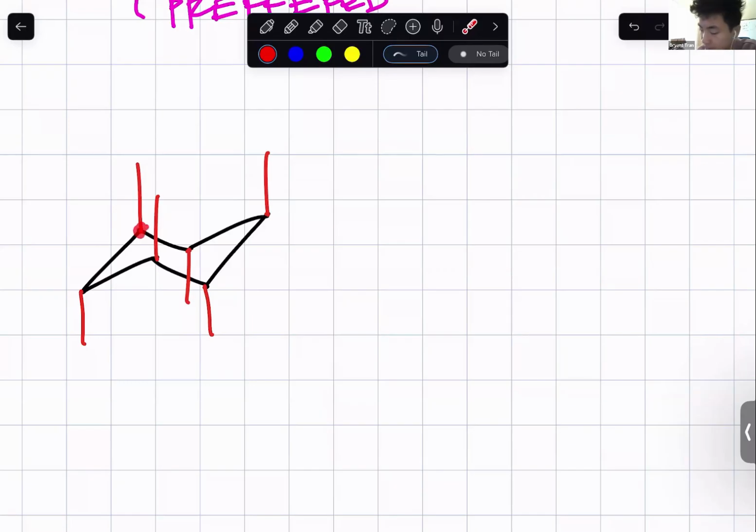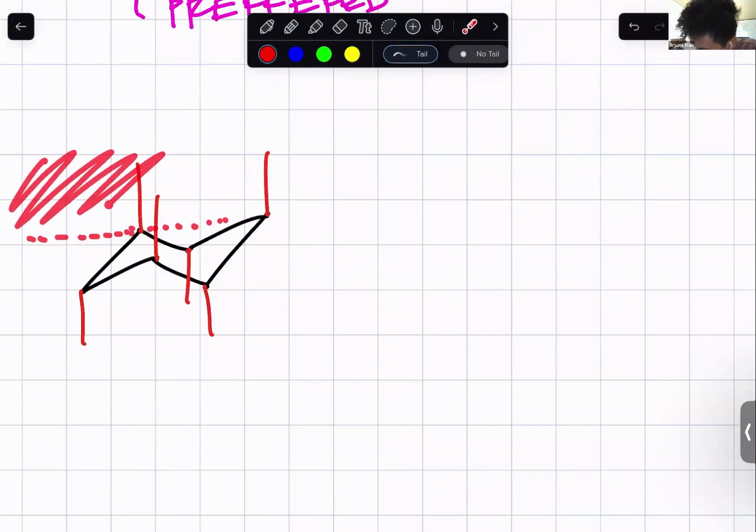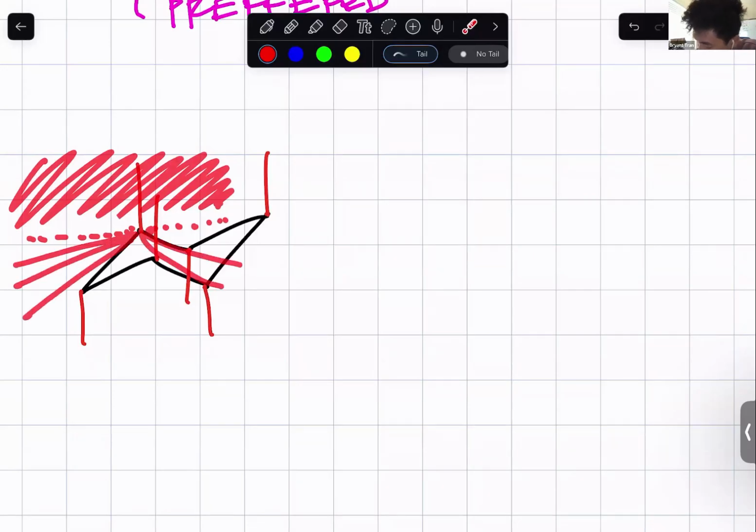So if we look at this carbon over here, we see that the axial bond is going up. That means that the equatorial bond has to go down, which is opposite to up, right? So let's say this is the line right here. It's not going to go up right there because that's up, right? It's going to go down here, or there, like that, right?